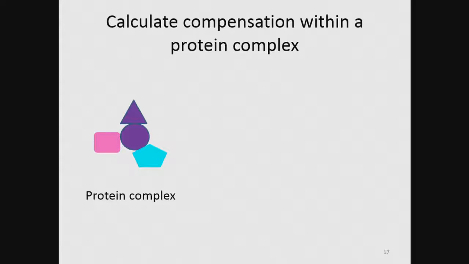In other words, here I use a different shape in a protein complex to represent different genes, and different colors to represent their copy number status. The pink ones are the copy number decreased genes, and the blue ones are the copy number increased genes. So we can calculate a ratio. For a gene within a protein complex, if there's compensation happening for the depletion case, the ratio will be greater than 1.